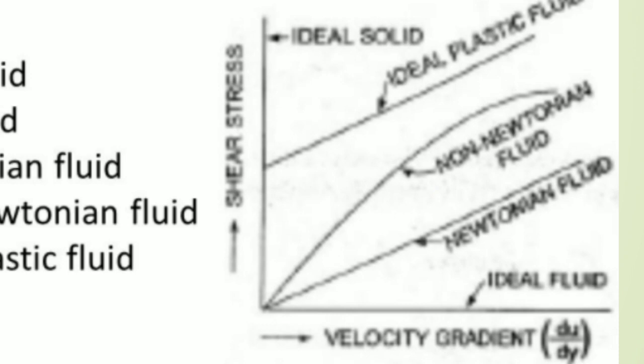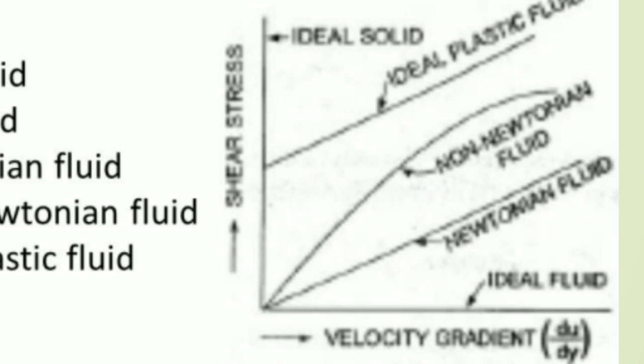But whereas non-Newtonian fluid, suppose for example I told you the paints or gel or toothpaste. At a certain stage it will try to undergo stress, at a certain stage it will try to undergo velocity gradient, then almost it will try to decrease. So you can see the curve, up to one stage it will be a straight line, then the curve tries to bend here. That is called non-Newtonian fluid.